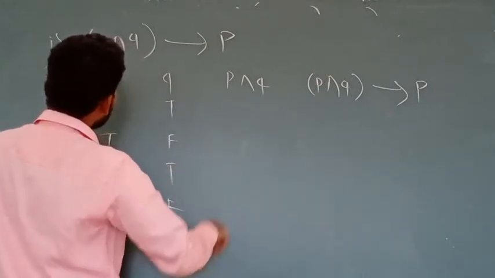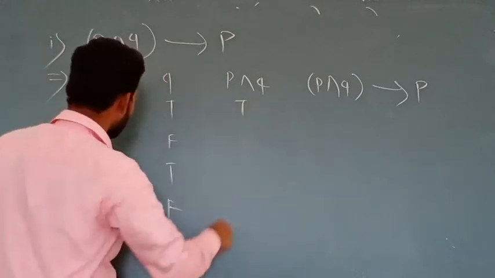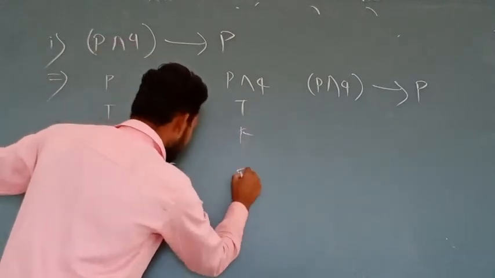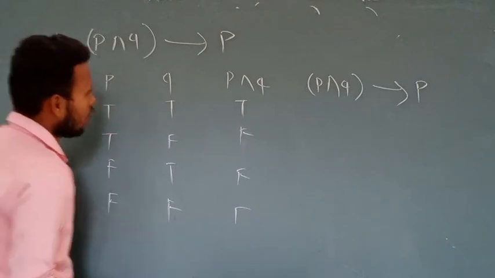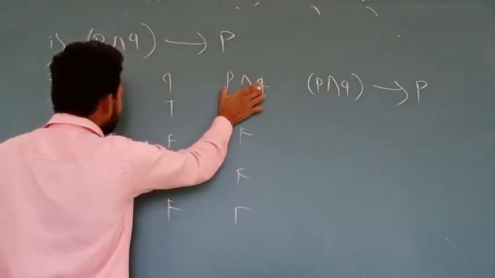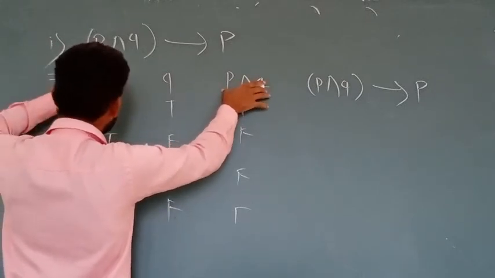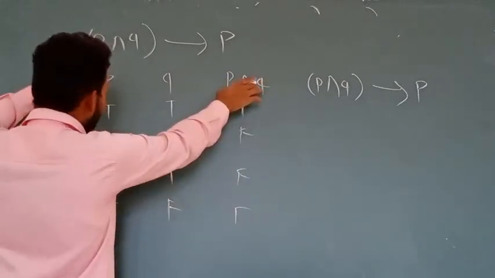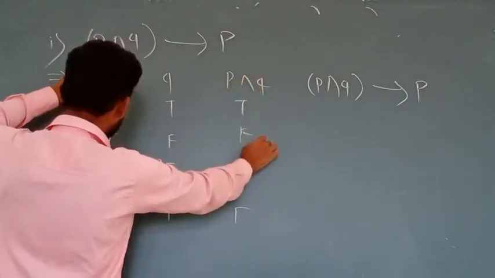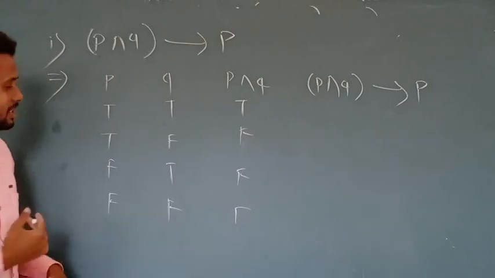Now conjunction: you know that in conjunction, if both sub statements are true, then the conjunction is true, otherwise it is false. This we get. Now here the conditional statement is P conjunction Q, if then P. You know that in a conditional statement, if the first statement is true and the second is false, then the conditional is false, otherwise it is true.